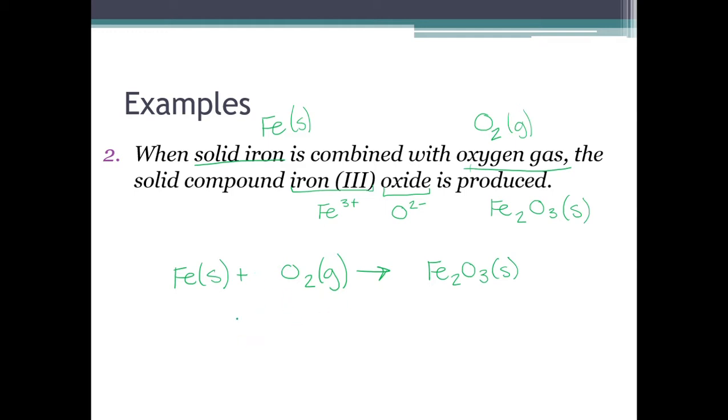So we need to write out that we have Fe, O, we have Fe, we have O. Here on the left side, we have 1 iron and 2 oxygens. Here on the right side, we have 2 irons and 3 oxygens. Neither of these is balanced.